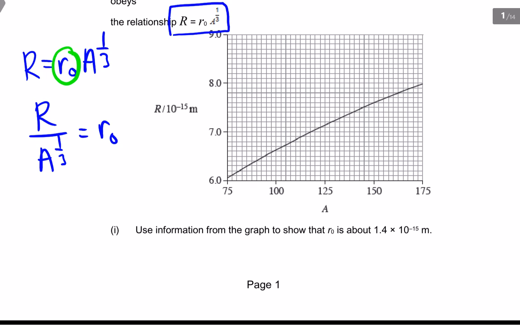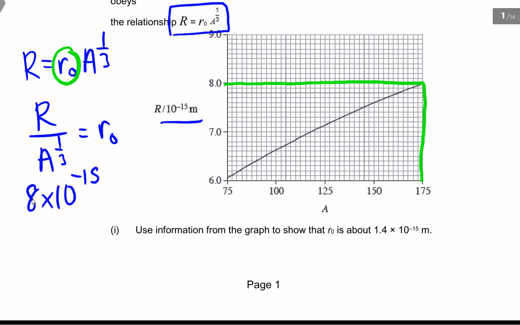The reason we have to use the information from the graph is it's looking for us to infer a value of R and a value of A to put in there. So let's work with a nice easy number that we've got there. We'll follow along from 8. Excuse the lack of a ruler. Work with numbers that are on the main lines, and we've got R equals 8 times 10 to the minus 15.